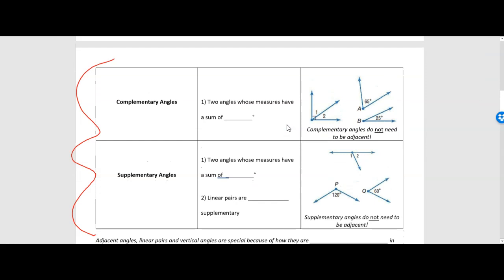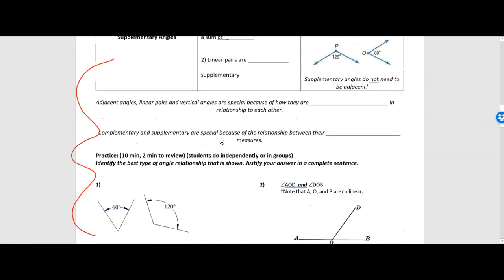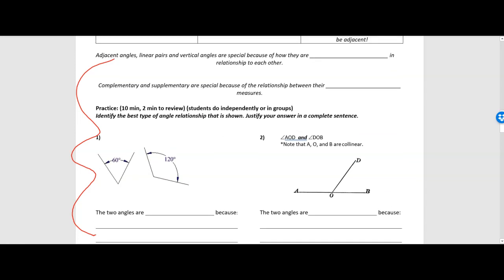If we come down here to complementary and supplementary, these categories strictly deal with the measurements of the angles. So again, it doesn't matter what their position or orientation are. They can be completely separate. They can be turned. They can be together. It only deals with the measurements. So that's going to fill in these two blanks here.